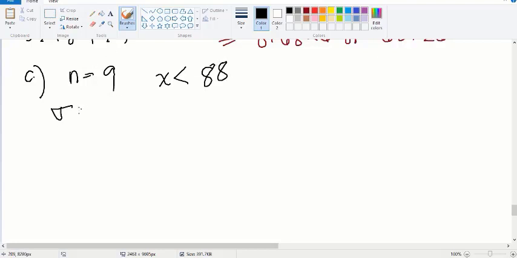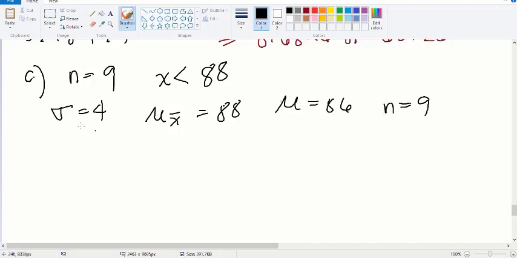Okay. So, still remember the other given, standard deviation, ganun pa rin. Tapos, ang ating mean is equals to 88, this one, no? Ang ating mu is still 86, and then we have 9. Okay. So, ang gagawin natin ngayon para makuha yung probability is we wanted to know the mean nung 9 na students.